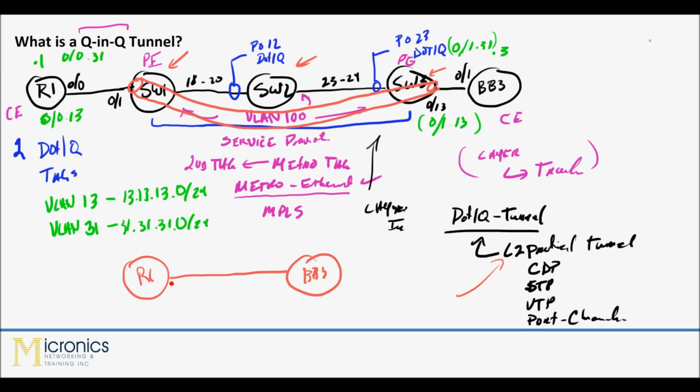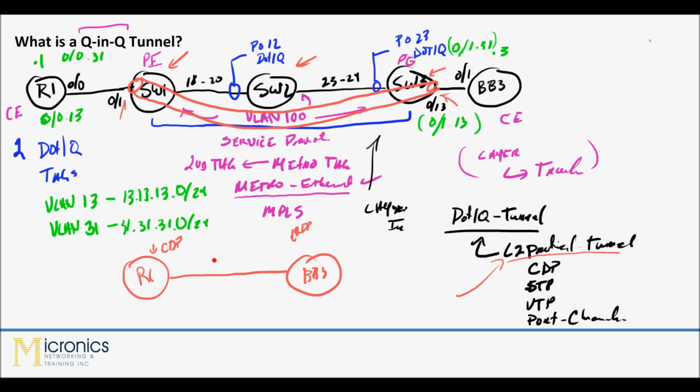Now, we noted specifically that CDP has been deactivated on both FA0/1 and on FA0/13 on SW1 or SW3 respectively. But we can also use this concept of the layer 2 protocol tunnel to have R1 directly exchange CDP hellos with BB3.